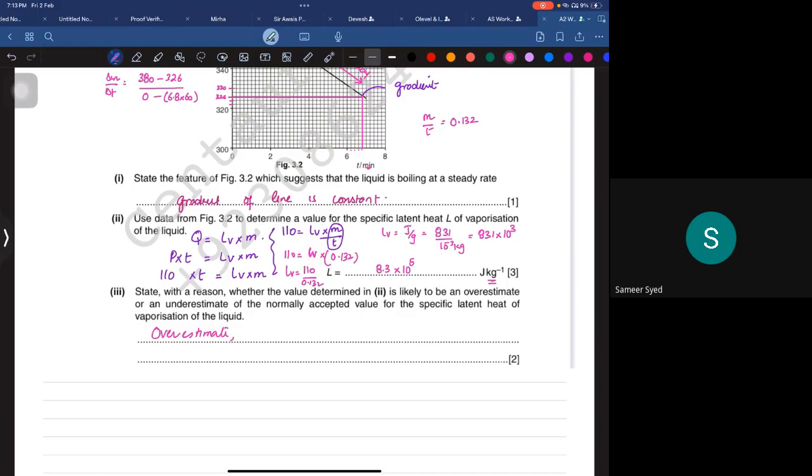Why? Because the heat lost to the surroundings was not taken into account. That is just a standard answer that you should always be writing.